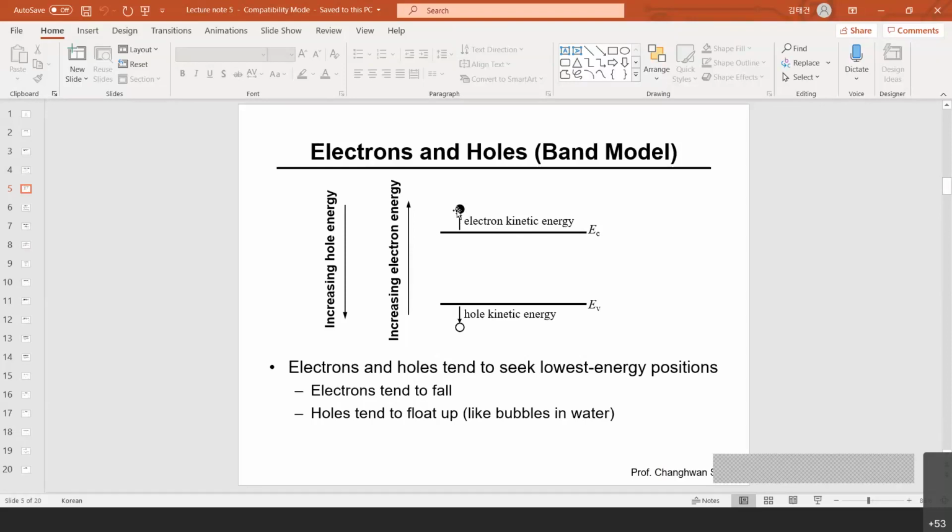The energy difference indicates how much kinetic energy a single electron has. Similarly, you may understand how much energy a hole has compared against a hole sitting at the edge of the valence band, E sub v. This energy difference indicates the hole's kinetic energy.